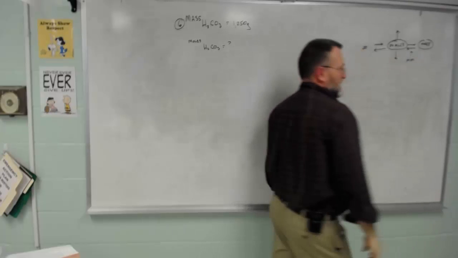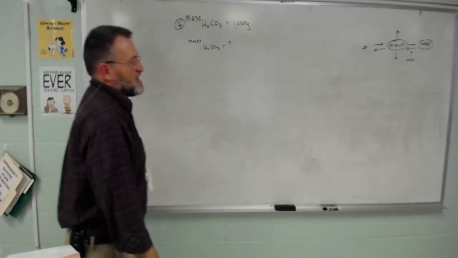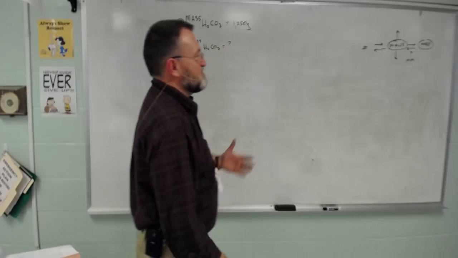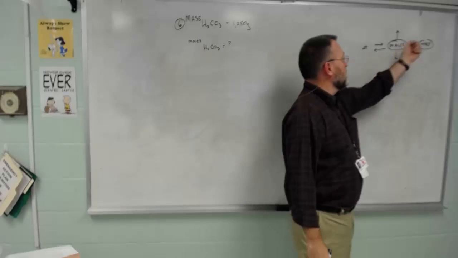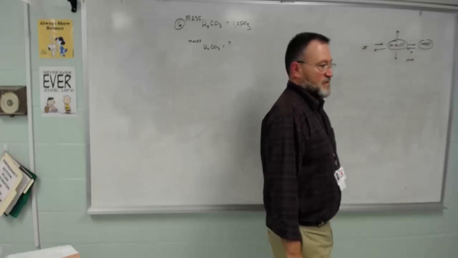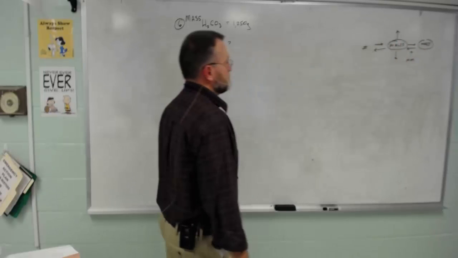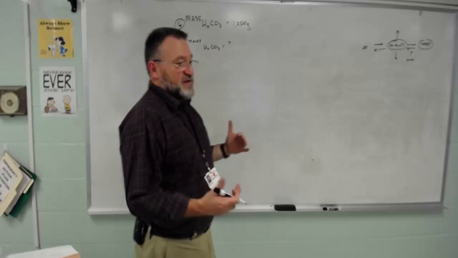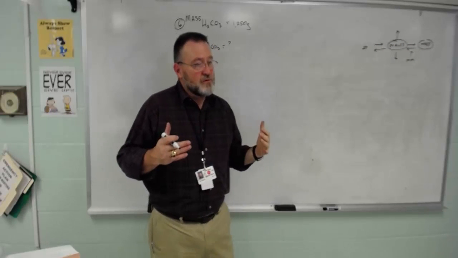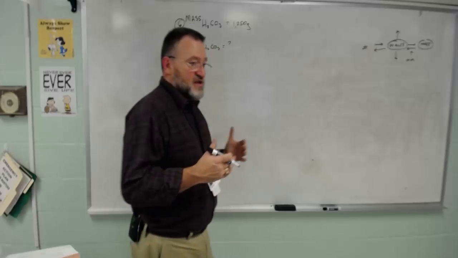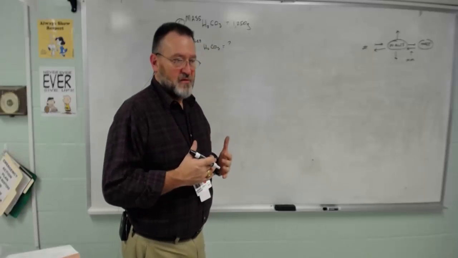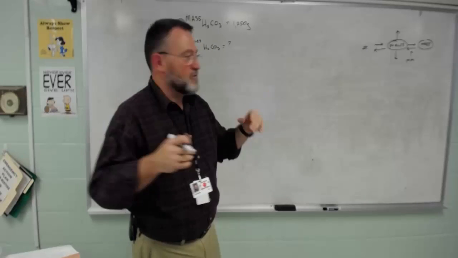Sometimes I'll just abbreviate it MM. The molar mass is what I need to know in order to go from mass to moles. The molar mass, because I'm looking at a mole, I'm looking at scale-wise, not AMUs, but grams. I'm not looking at the pieces, I'm looking at the larger whole.